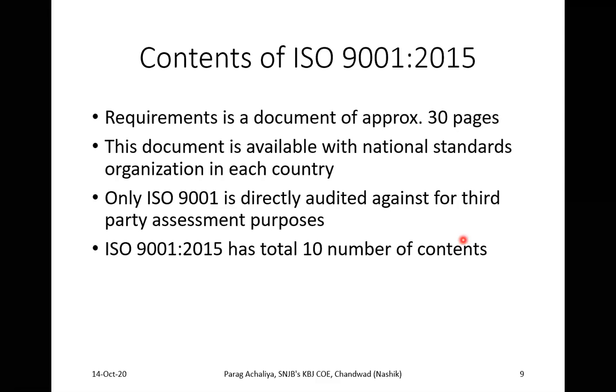This ISO 9001:2015 has a total of 10 contents. Those 10 contents will be comprised in your 30 pages. So which are those contents? Let's see the different 10 contents of your ISO 9001:2015 certification. Number 1, the scope of your product or the scope of your company.